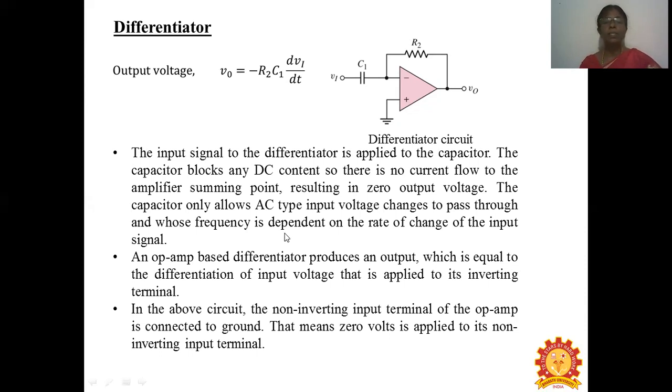That means there is no voltage applied to the non-inverting terminal. So we are getting the output voltage V0 equal to minus R2 into C1 dV1 by dt. Here V1 is nothing but the applied voltage, that is Vm sin omega t.